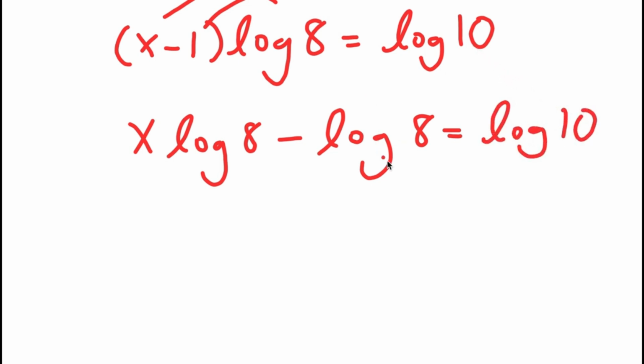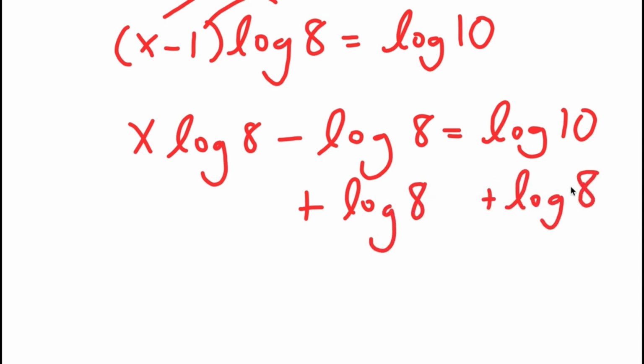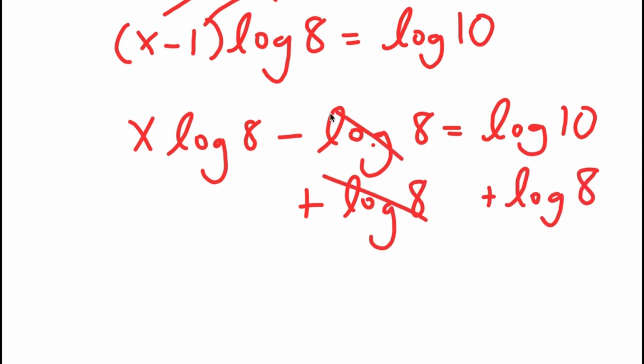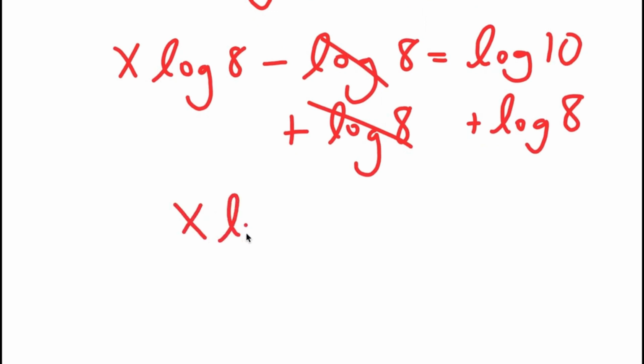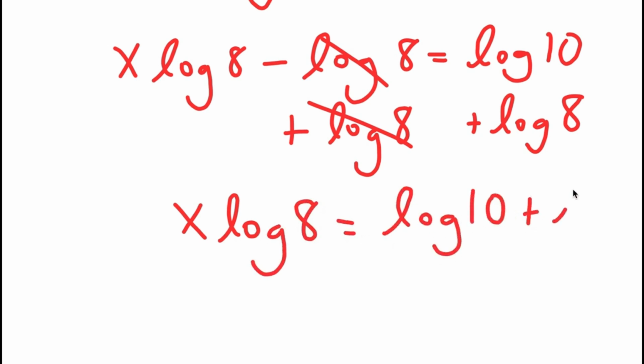And now I'm going to add log 8 on both sides. Then these two cancel out, and I get x times log 8 is equal to log 10 plus log 8.